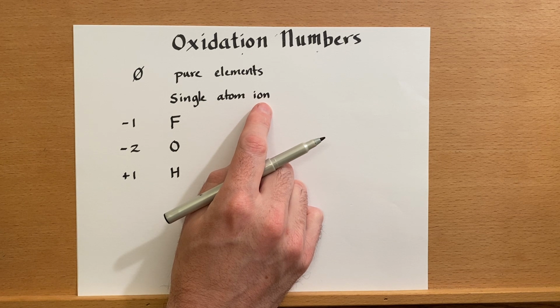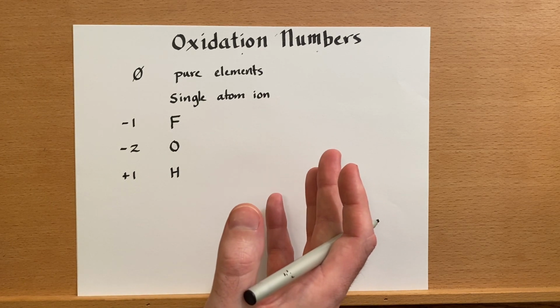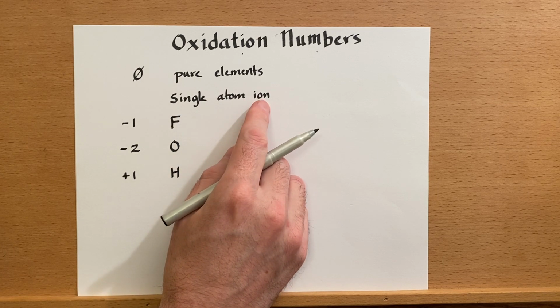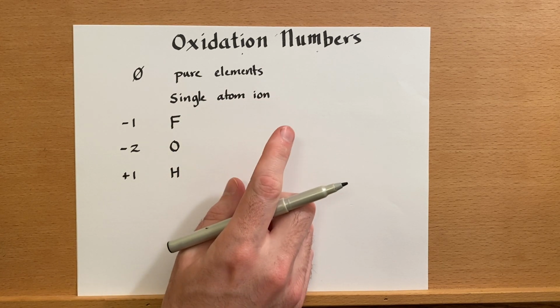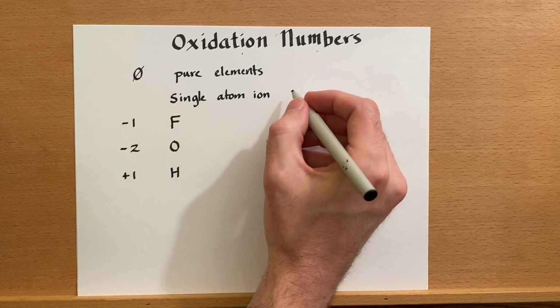Now, next on the list is a single atom ion, like S2 negative. S2 negative, sulfide, has an oxidation number of -2. And for any single atom ion, so just one atom in the ion, the oxidation number is the charge on the ion.